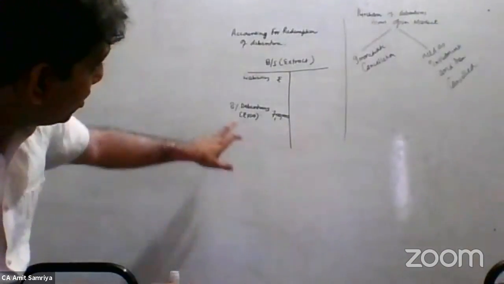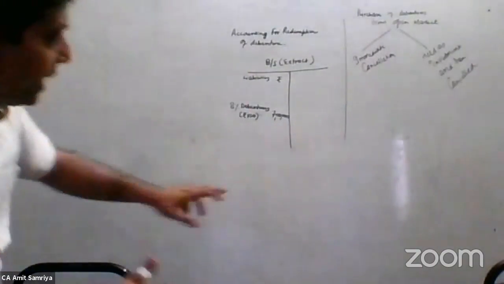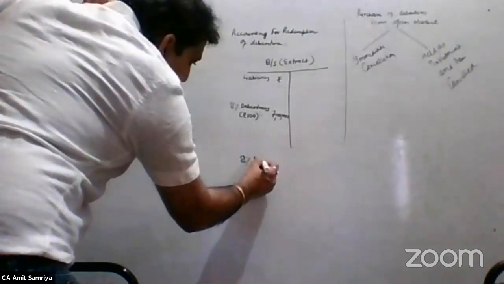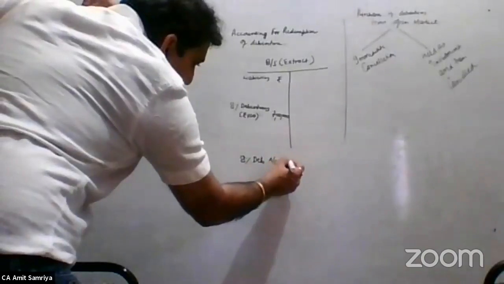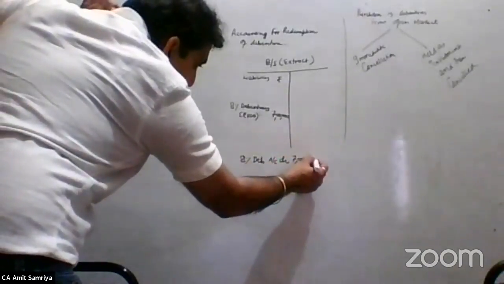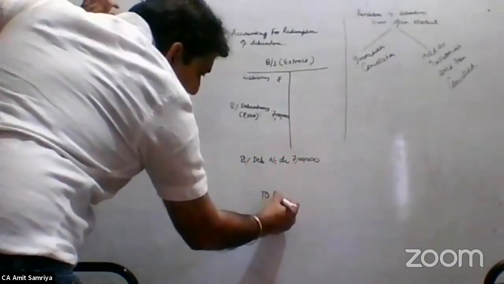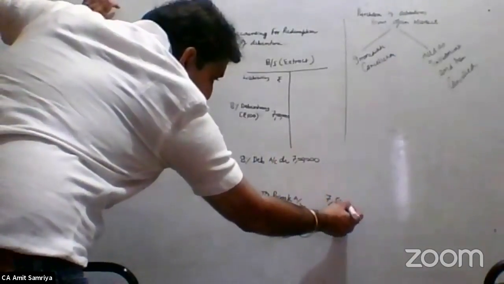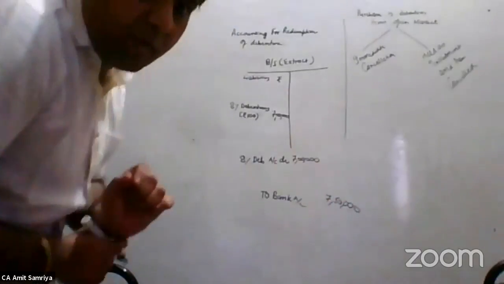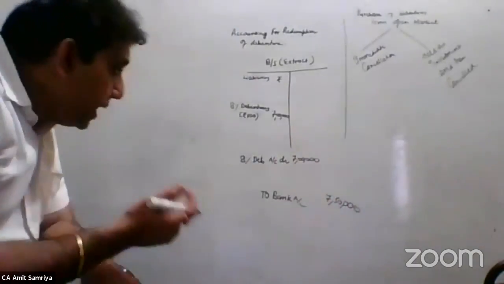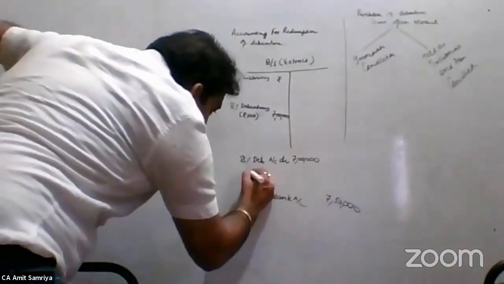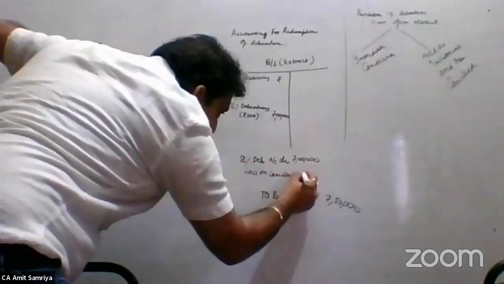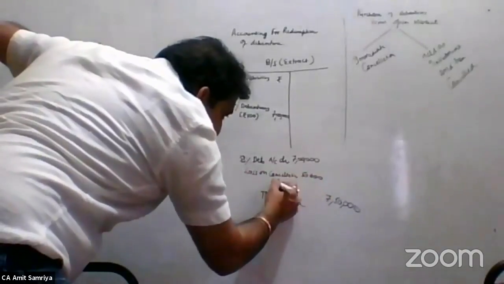So what will be the accounting entry? 8% debentures account debit, liability decreases so debit, to bank 7,50,000. The company purchased its debenture from the open market by paying extra money. This is called loss on cancellation. 50,000 loss debit, balancing figure.